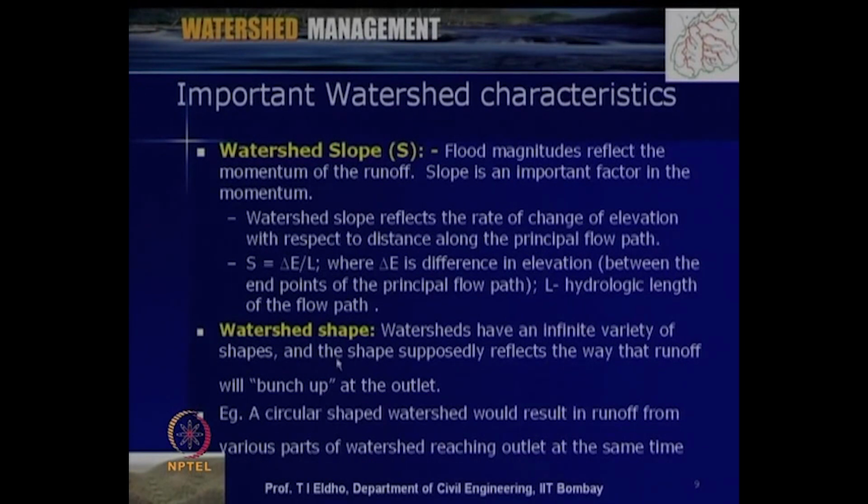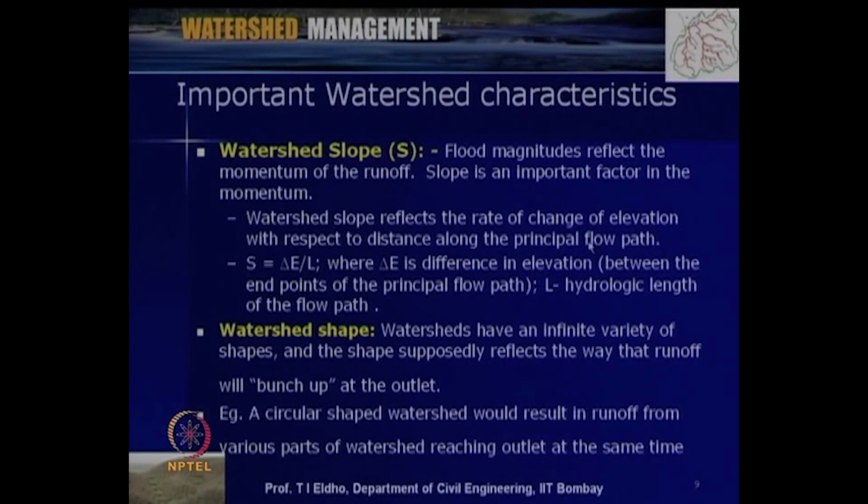Then another important characteristic is watershed shape. As far as watershed shape is concerned, there can be an infinite variety of shapes. It can be broad type, elongated type, or somewhat circular type. The shape reflects the way that runoff will bunch up at the outlet.